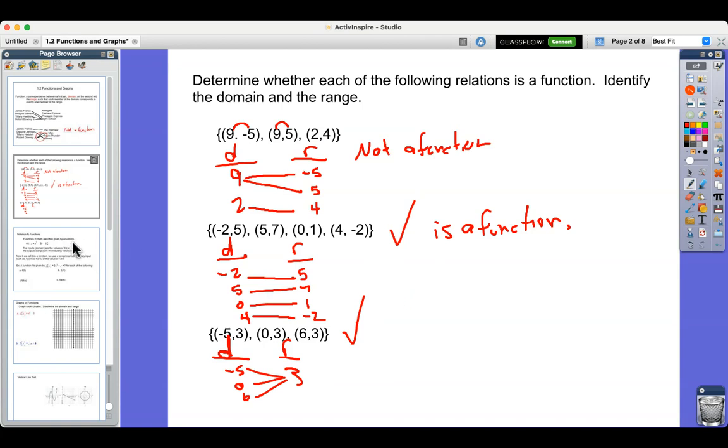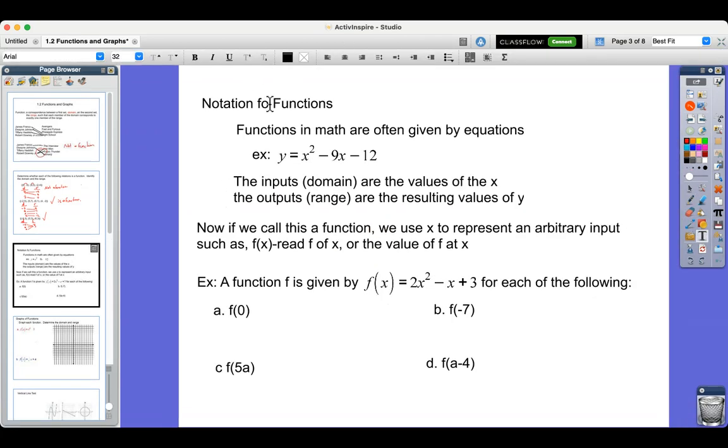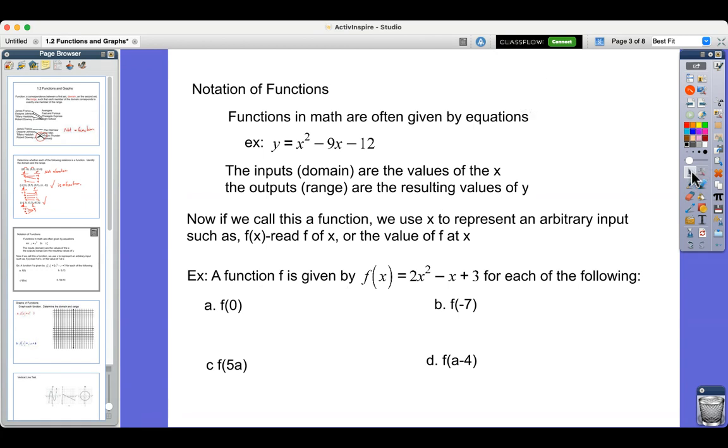So let's look at the notations of these functions right here, how we see some of these functions. Functions in math can be given in equation form. y equals x squared minus 9x minus 12. We've seen this already in our linear equations, in the form y equals mx plus b.